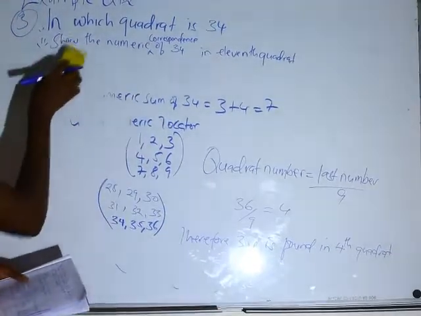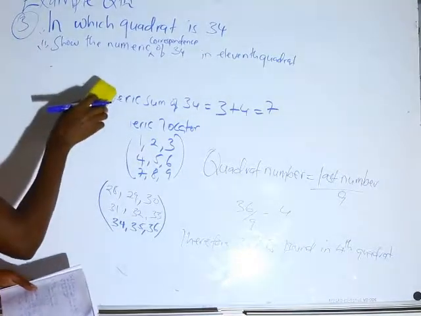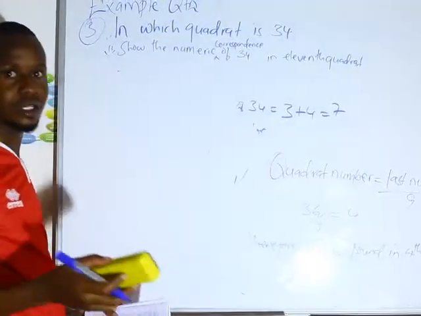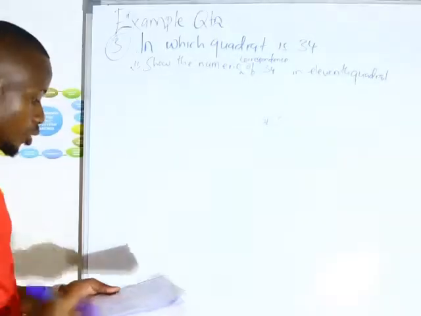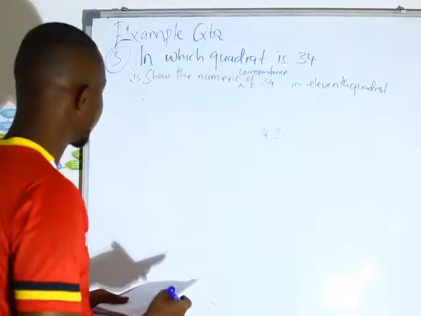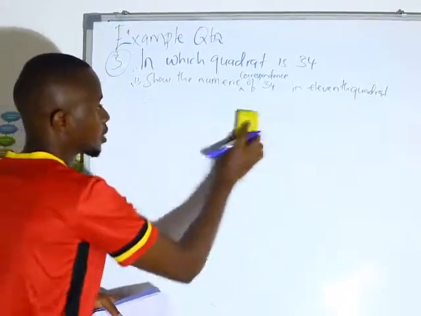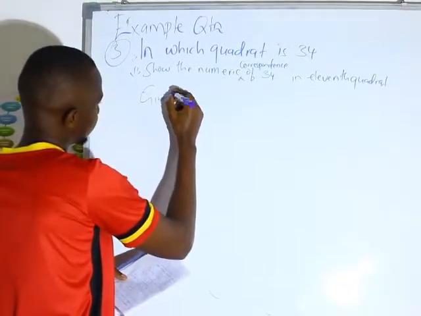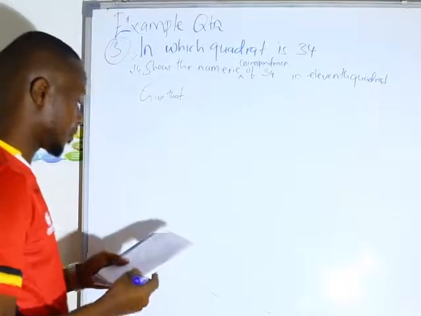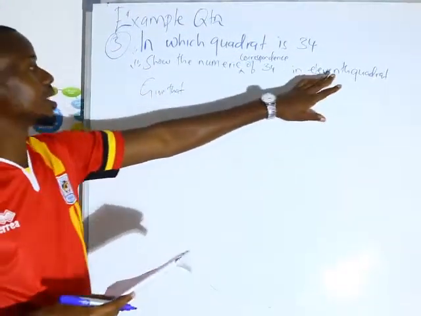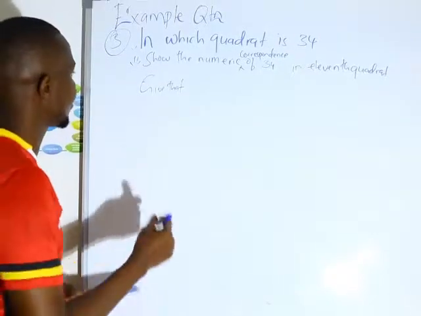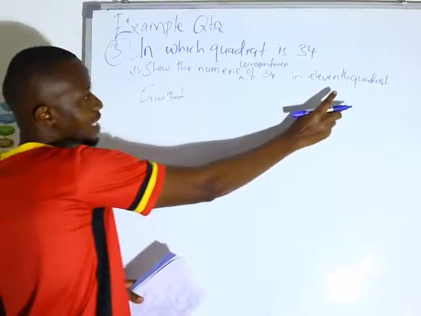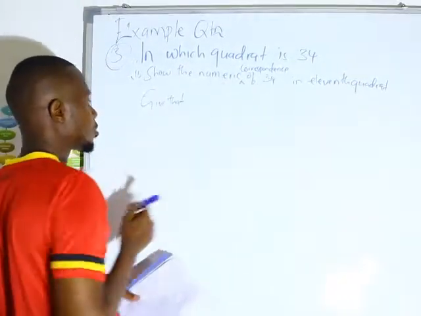So we are going to tackle our second question, which is to show the numeric correspondence of 34 in the 11th quadrant. Which number corresponds to 34 in the 11th quadrant? Given the quadrant number, the 11th quadrant, we want to find the number in this quadrant which corresponds to 34.